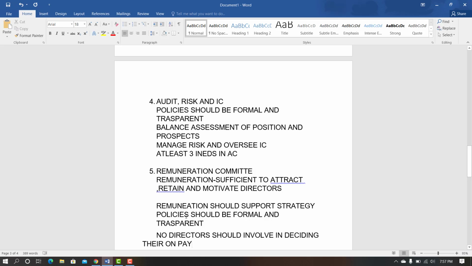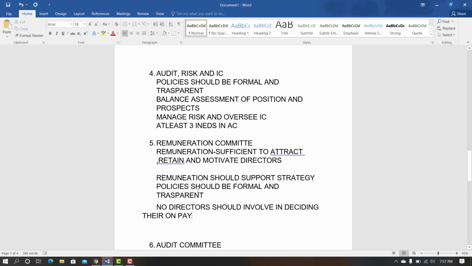So the remuneration committee consists of only independent entities.